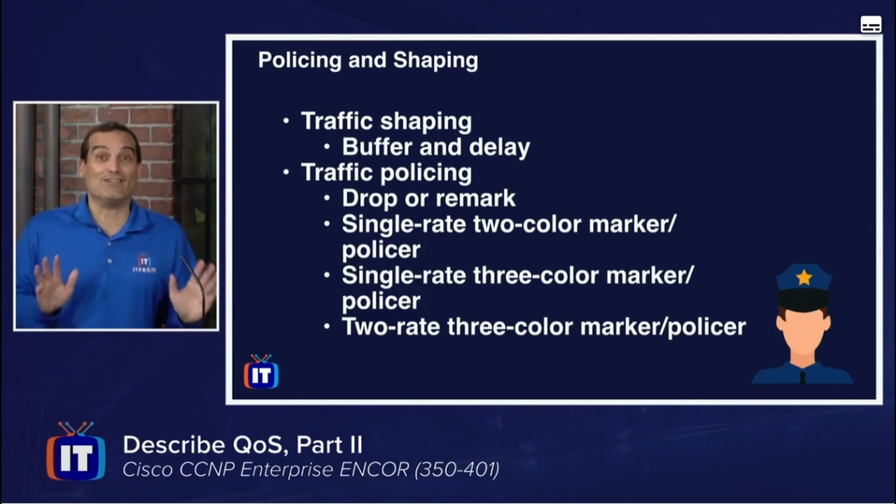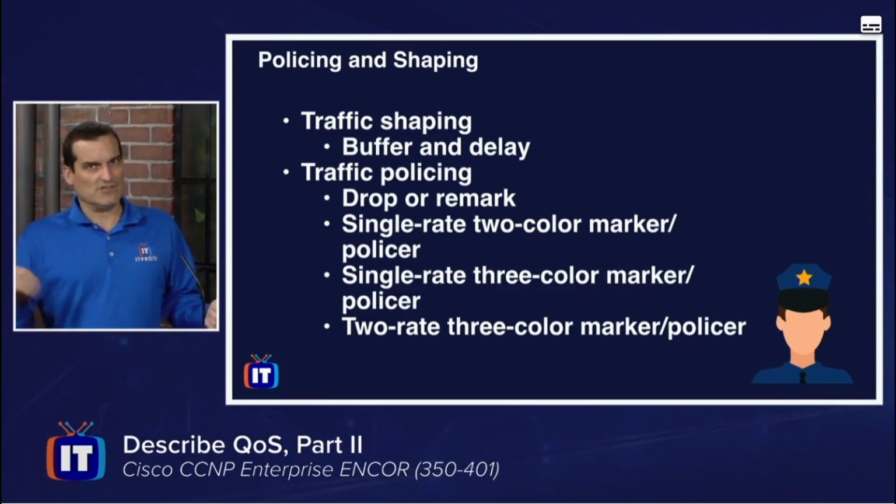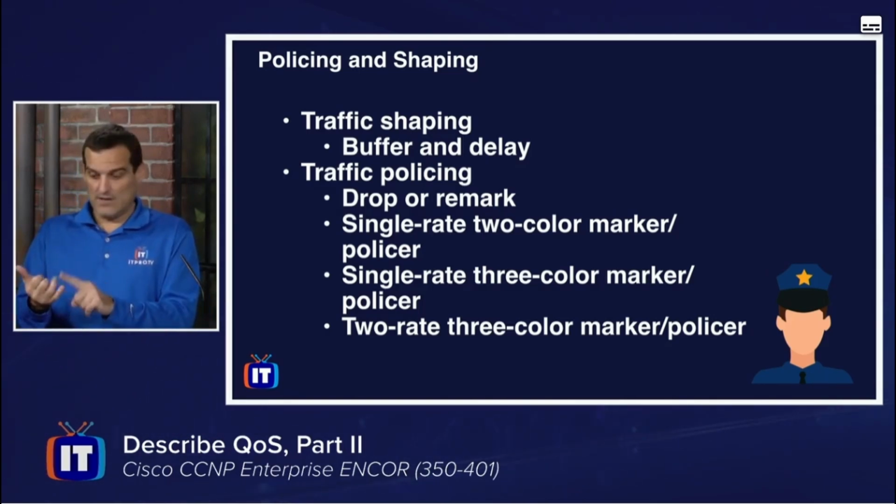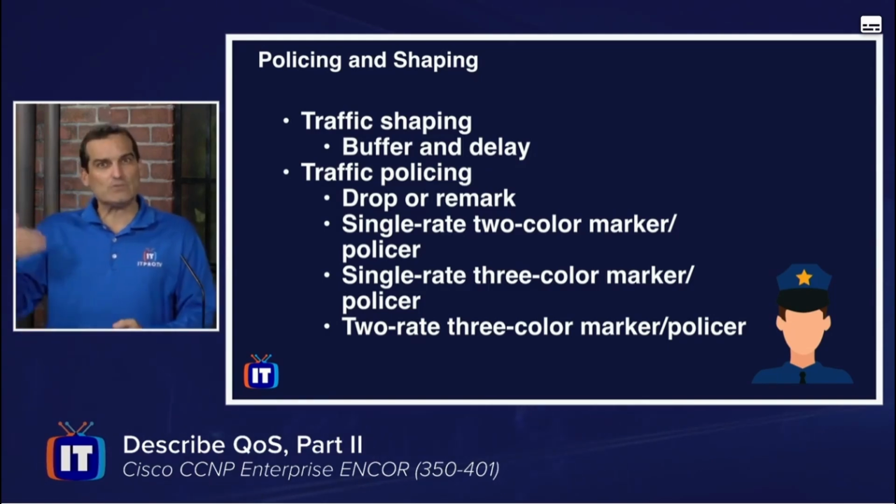I haven't seen it in a long time, but sometimes they go, hey, kid, drive slow, move on. And they don't give you a ticket. It's very rare. The policer can do that inside QoS. So it can pass the traffic, or it can drop the traffic, or it can remark the traffic. That's what we refer to there as colors.